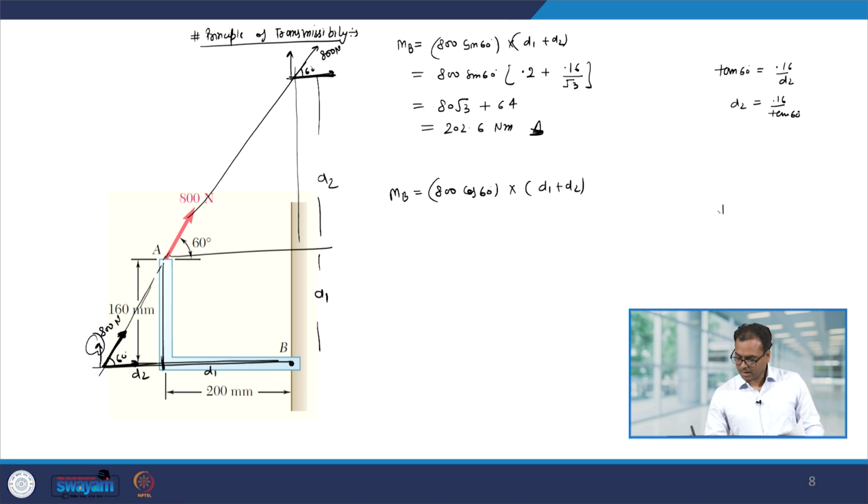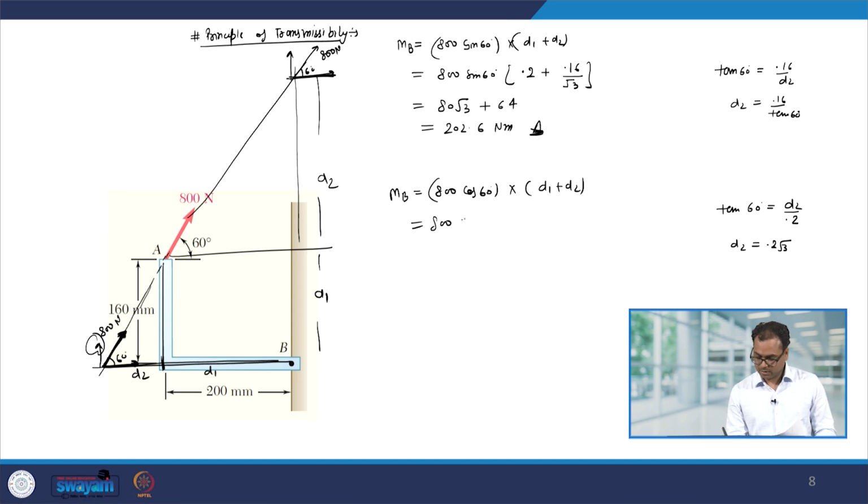So, again let us see what is d2. Tan 60 degrees will be d2 divided by 0.2. So, d2 will be 0.2 square root 3. So, it will be 800 cos 60 degrees multiplied by d1 is 0.16 plus d2 is 0.2 square root 3 and this again comes out to be 202.6 Newton meter.